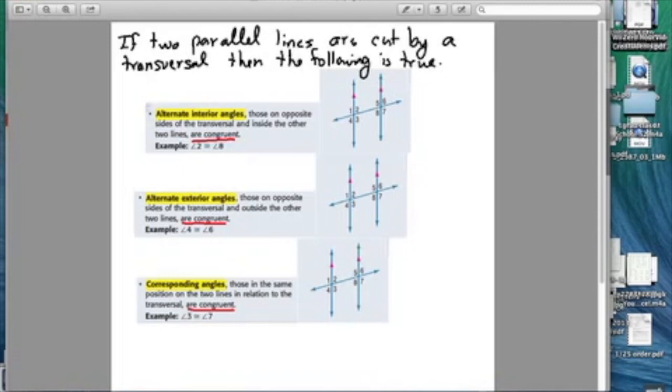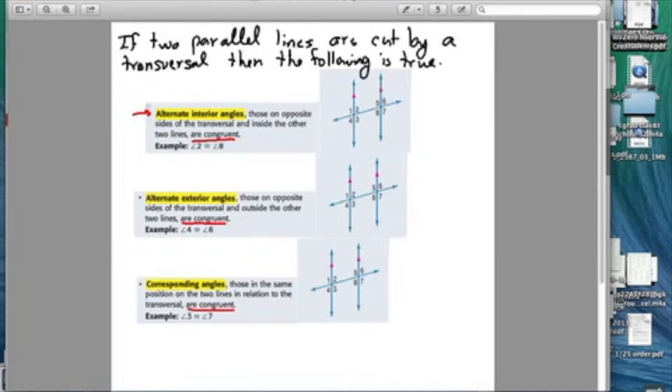So what we're looking at is these labeled places in this arrangement of angles. We have our two parallel lines cut by a transversal, and notice on the picture they labeled 8 angles for you, with the numbers 1 through 8.